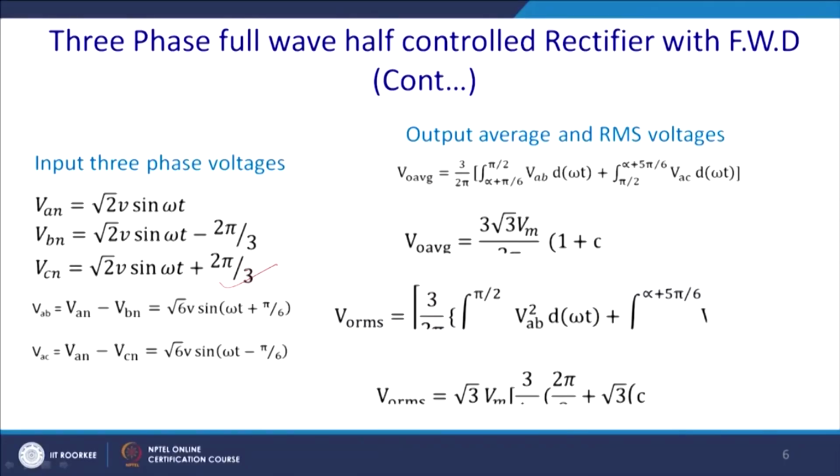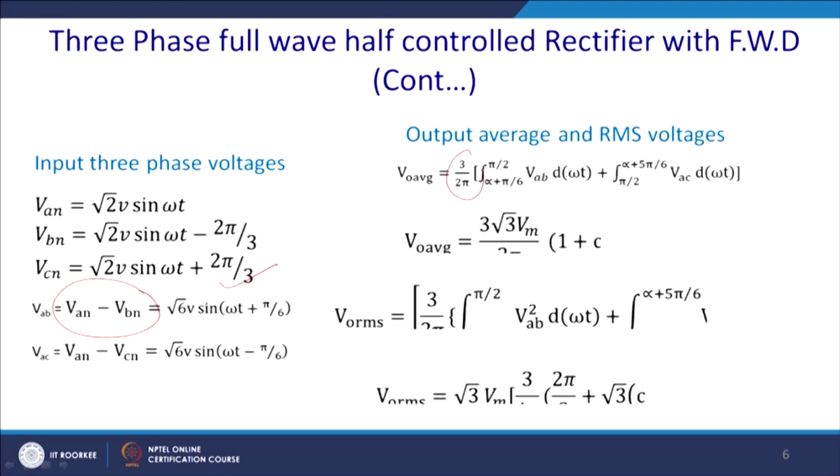So, this is the 3 phase, phase shifted voltage, and ultimately VAB is VAN minus VBN, equal to root 6 V sin(omega t plus pi by 6). And VAC will be root 6 V sin(omega t minus pi by 6). So, you can get the average value.